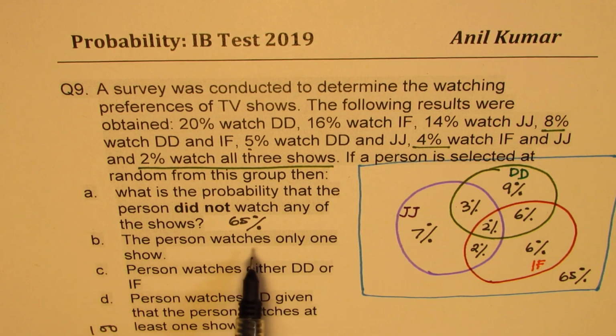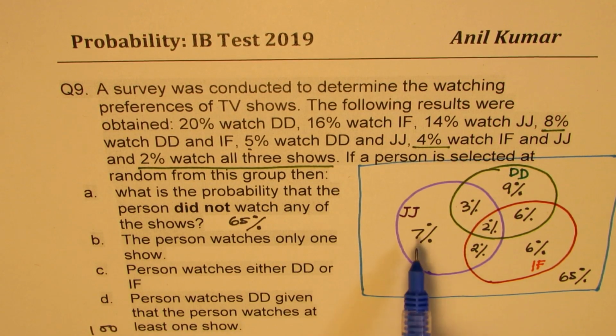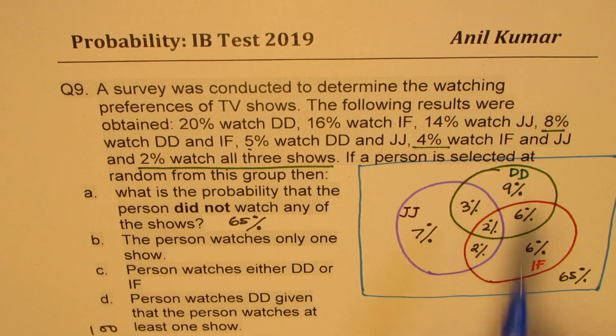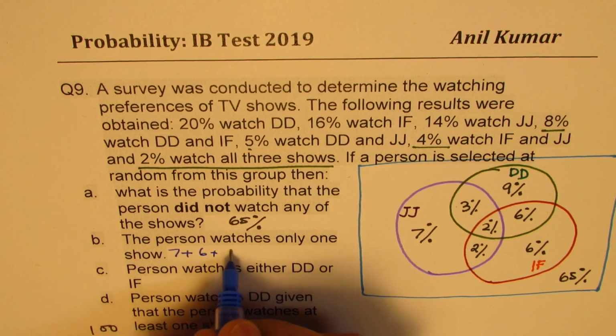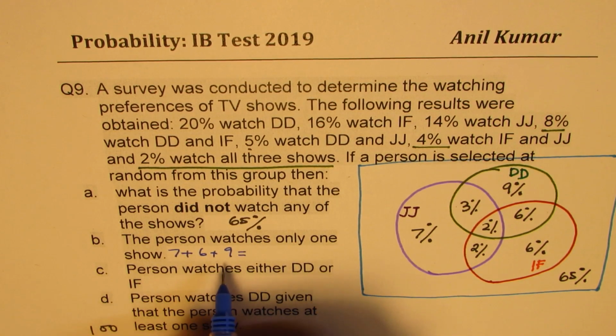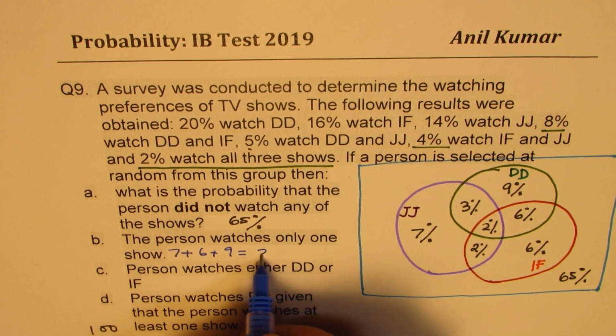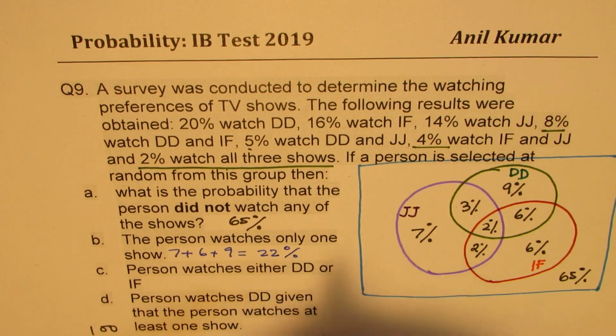B, the person watches only one show. So only one show means 7, 6 and 9 should be added, correct? So let's add this. So we have only one show, 7 plus 6 plus 9, right? So that gives you only one show, which is 22. So that is 22%. Is it okay?